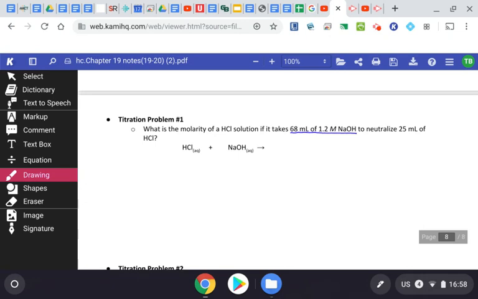All right, so step one, we said that we are going to write out our balanced equation. Remember, when you have hydrogen and hydroxide, they have to equal, and those two substances are always combining to make water. I have one hydrogen, one hydroxide, so I'm going to make one water molecule there.